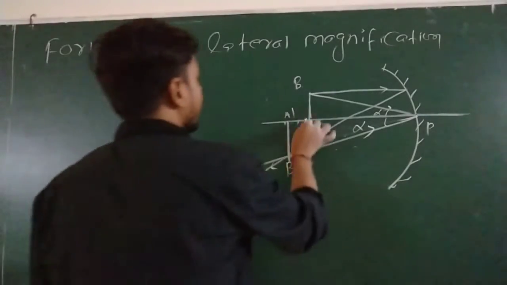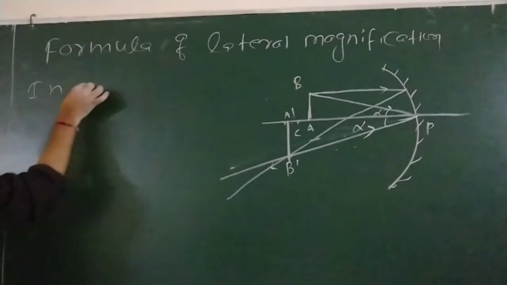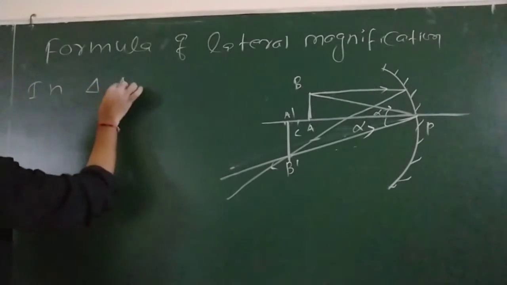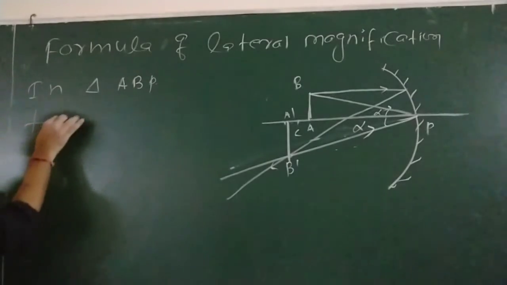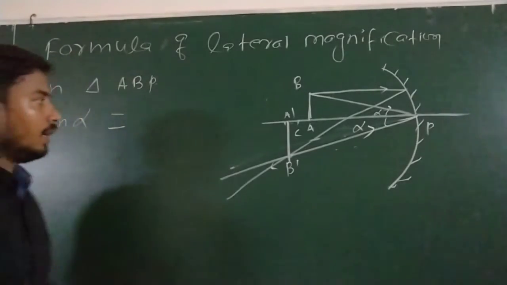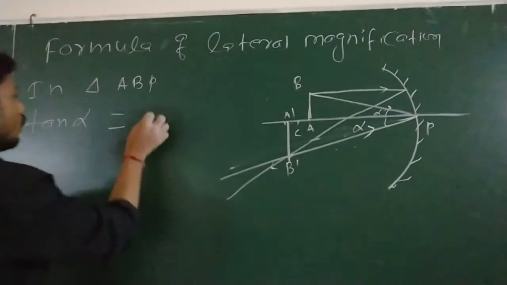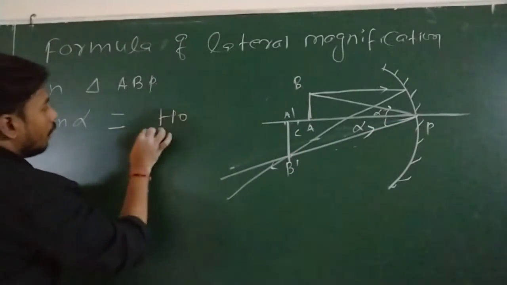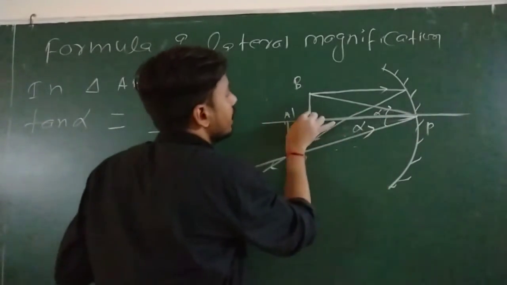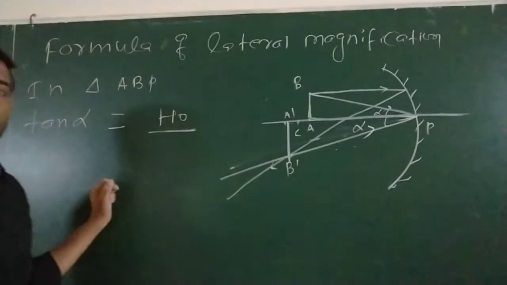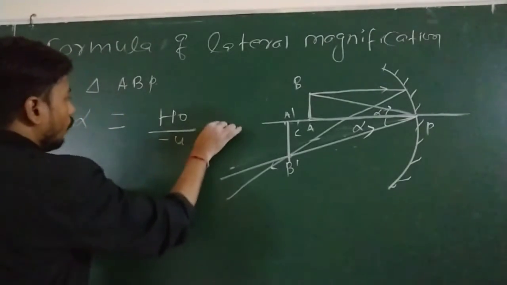So look in this triangle ABP, tan alpha is equal to this height divided by this length. This height is the height of object divided by this length. This is u, which is negative because we are measuring opposite to the incident ray, so minus u, equation first.